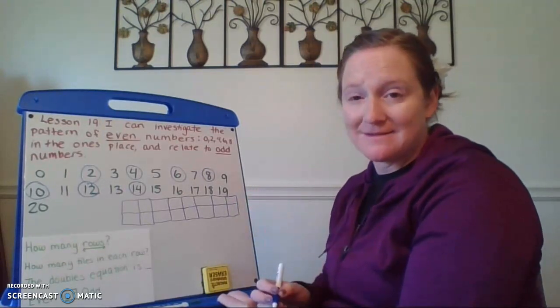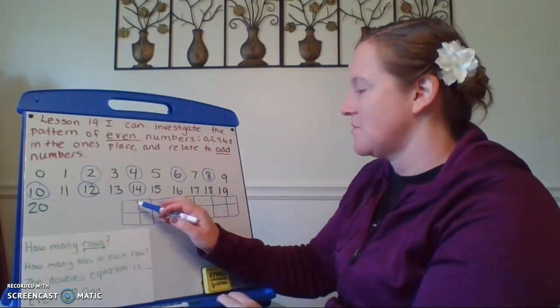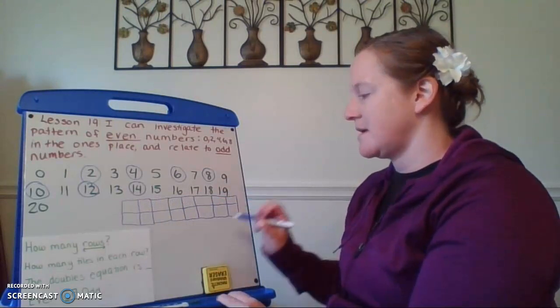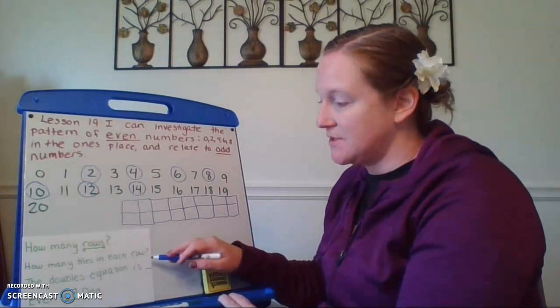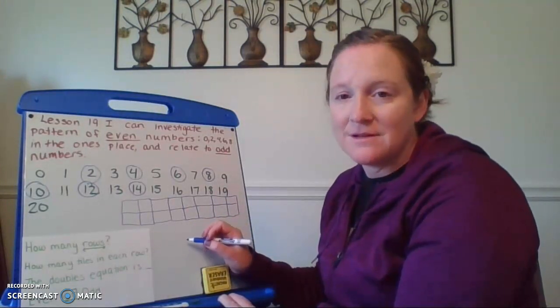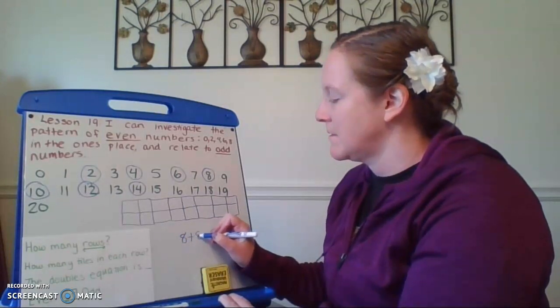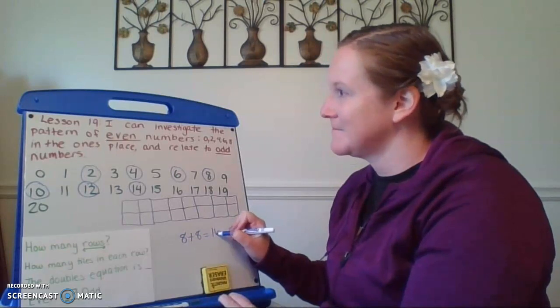Okay, 2 rows again. 2 rows of how many in each row? 1, 2, 3, 4, 5, 6, 7, 8. So my repeated addition sentence, or the doubles equation, is 8 plus 8 equals 16.